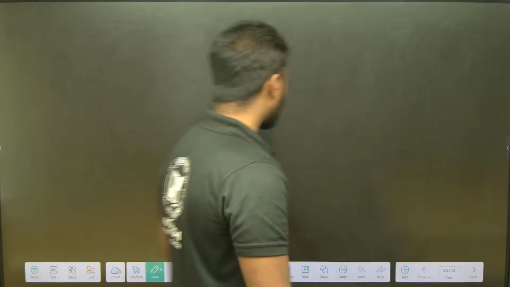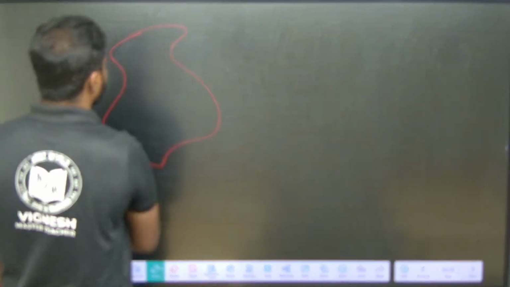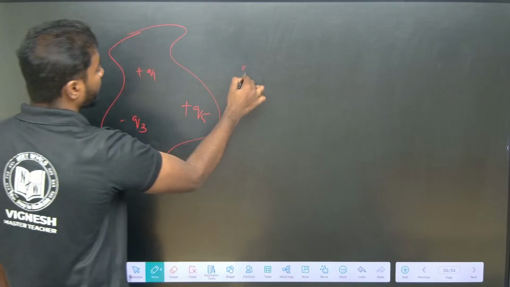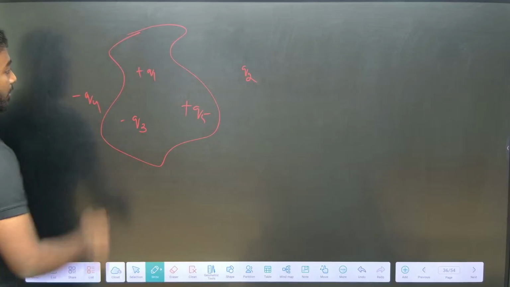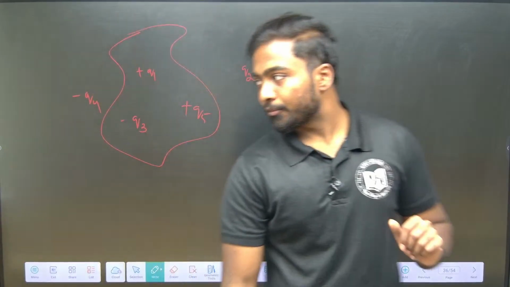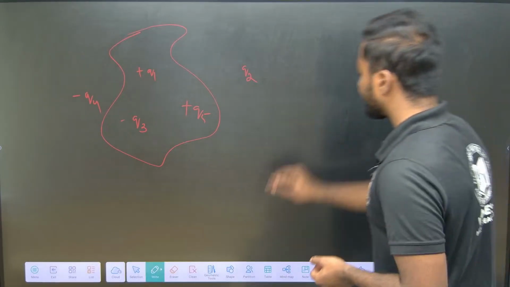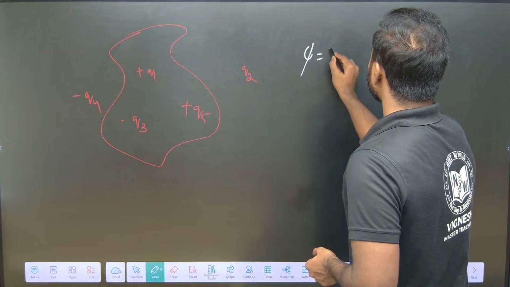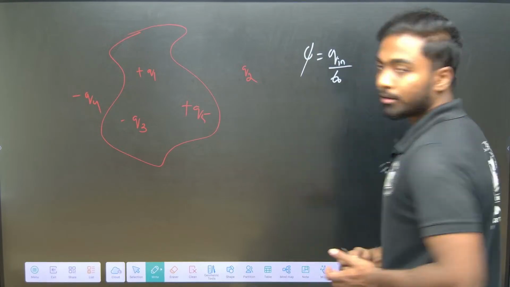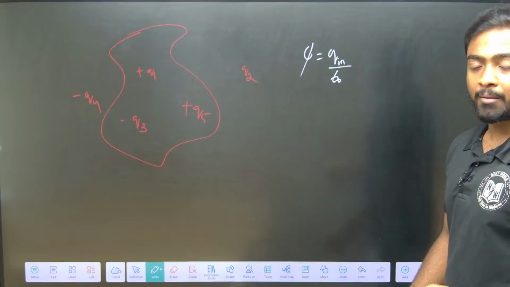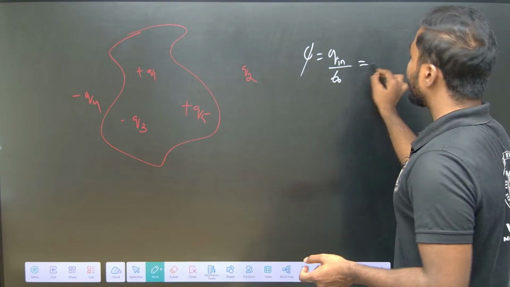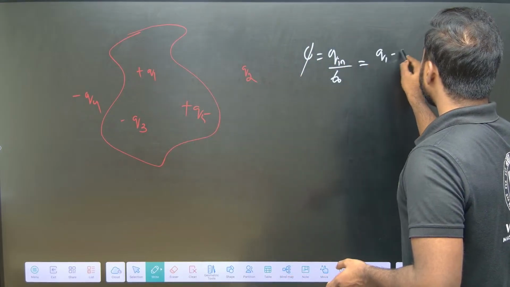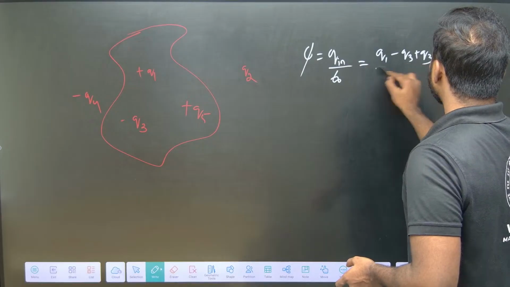For example, a surface is there, with Q1, minus Q3 and plus Q5 inside, and Q2 and minus Q4 outside. What is the flux through this surface? It will be phi is equal to Q in divided by epsilon naught. We know that epsilon naught is the permittivity, which depends upon the medium. Q in here is Q1 minus Q3 plus Q5, so phi is Q1 minus Q3 plus Q5 divided by epsilon naught.